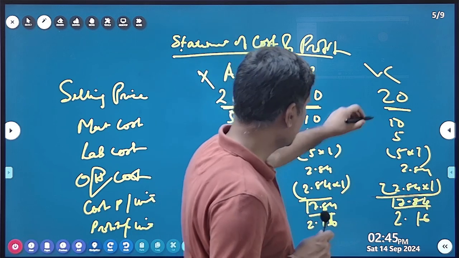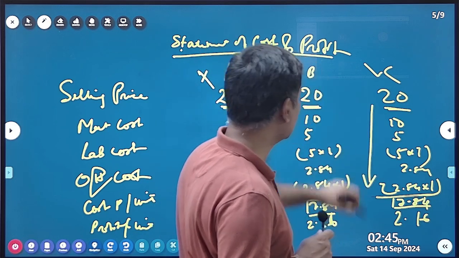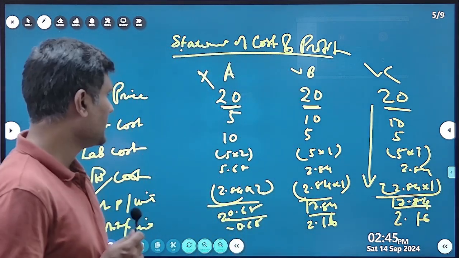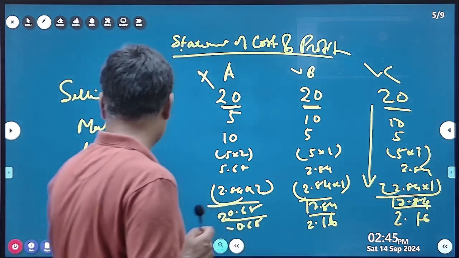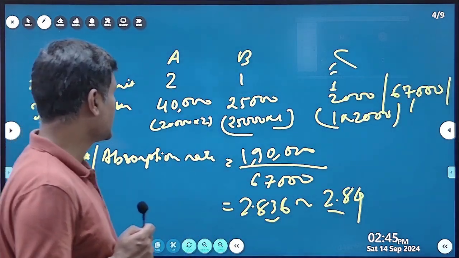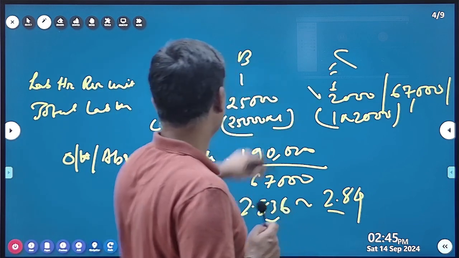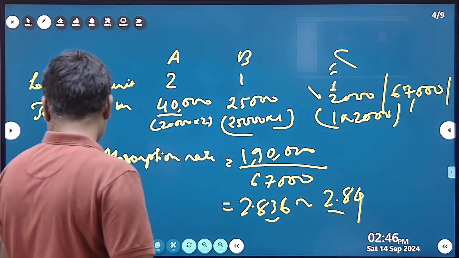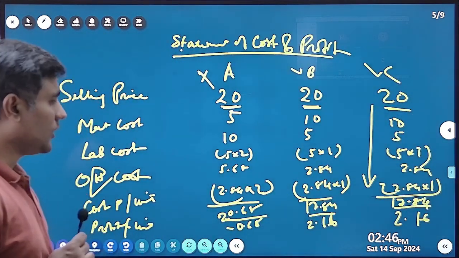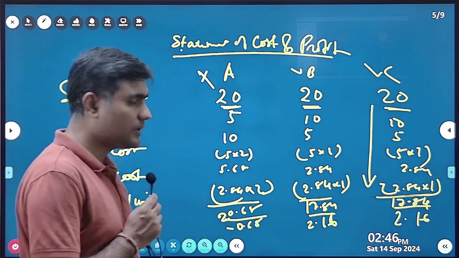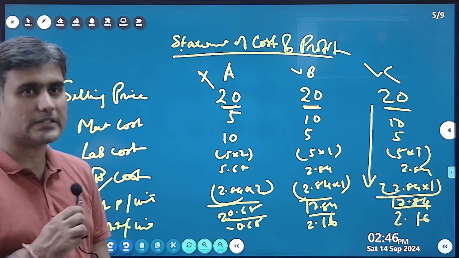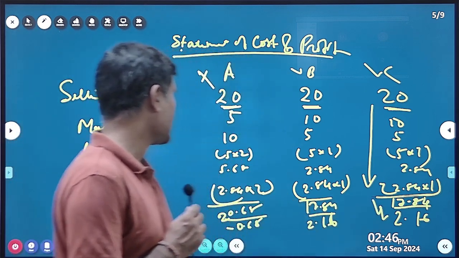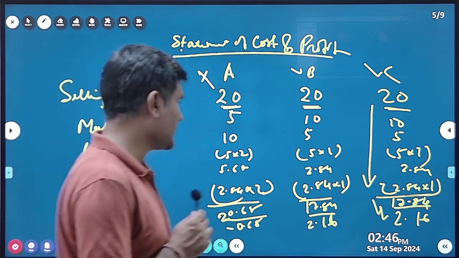You can see that the number of items manufactured was 2,000 units for C, and for A it was 20,000 units. As per traditional costing, the overhead allocated to C was very less, which resulted in showing a very high profit of 2.16.